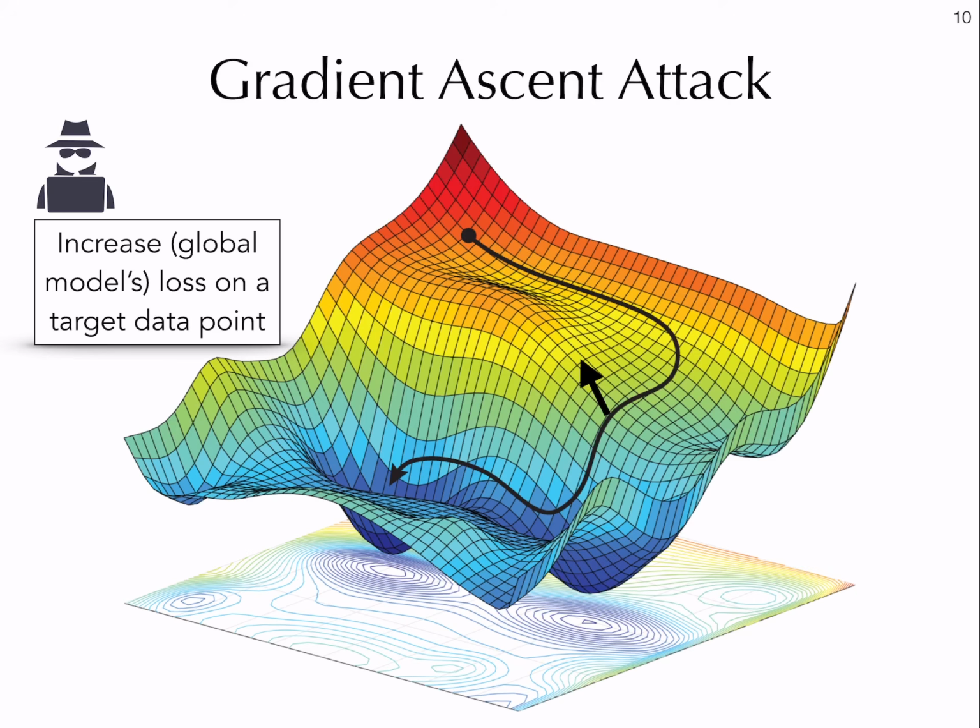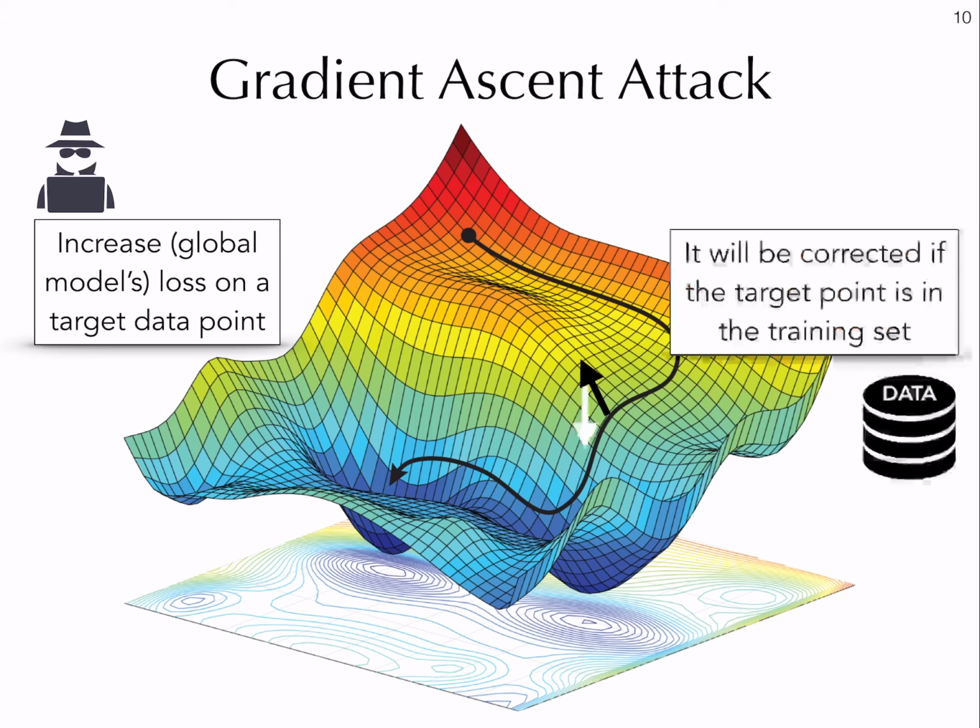If they have that target data point in the training set, they're going to reduce the loss on that and basically will correct this change which was imposed by the attacker.